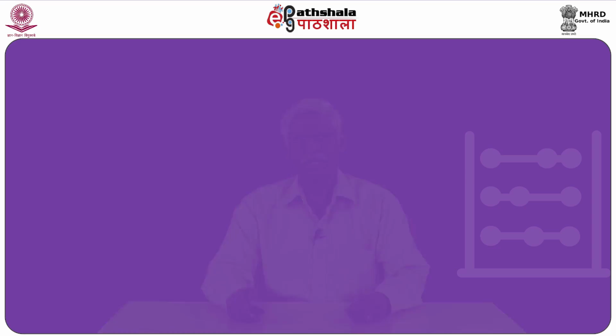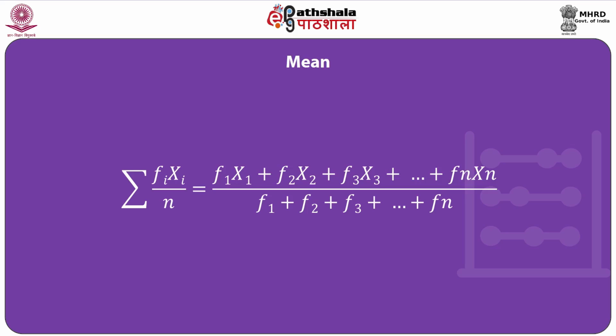In such cases, the computation of the formula will be as follows: sigma fi xi is equal to f1 x1 plus f2 x2 plus f3 x3 plus and so on plus fn xn, whole divided by sigma fi or capital N, which is f1 plus f2 plus f3 and so on up to fn, where xi is the value of the ith item of x1, x2 and so on xn, fi is the frequency of the ith item corresponding to x1, x2 up to xn, and sigma fi is the total number of sample cases n.